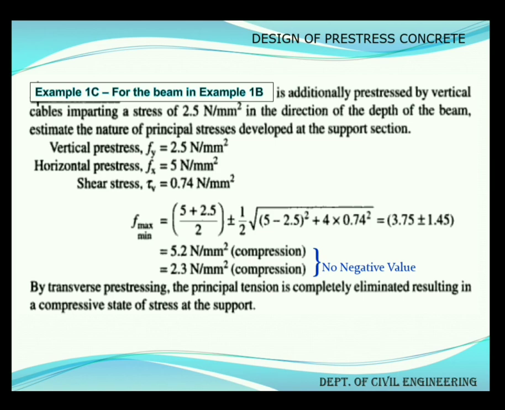Then came the third case where we introduced vertical pre-stressing action of 2.5 Newton per mm square. We again calculated, and now in this case we found that both F maximum and F minimum have come out to be positive values. That is, we were able to eliminate the tensile stresses completely.